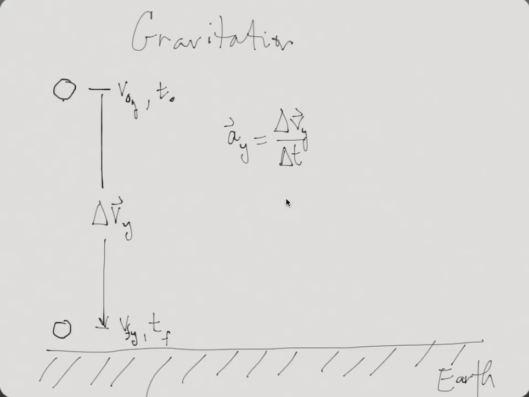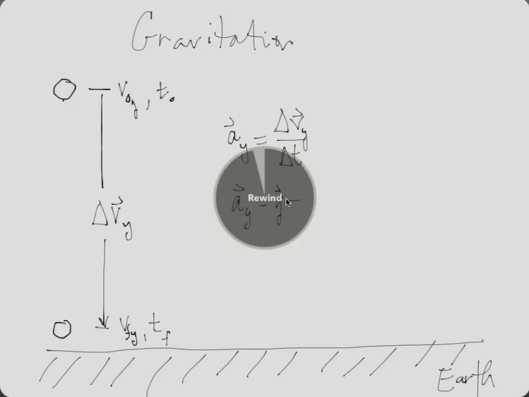Okay, so we already know from theoretical considerations that a sub y should be g, which is just big G, or let me do it like this. I want to make sure that I write this right. It's just going to be the weight of the ball over, is that right? The weight of the ball? Nope.